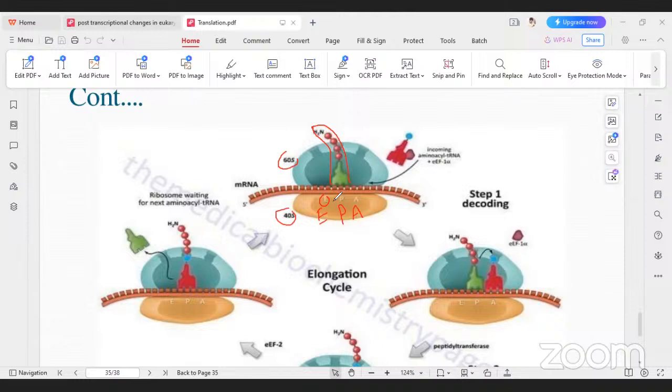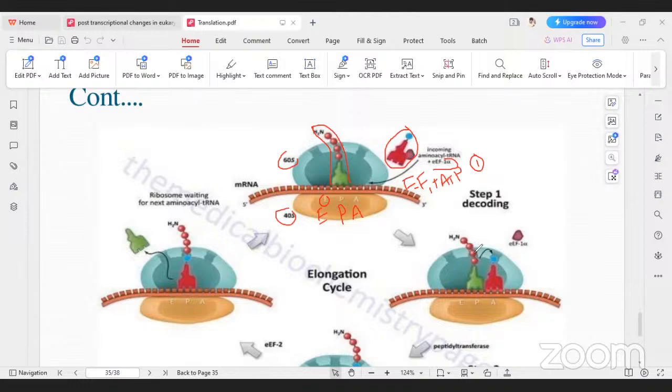Before elongation, what happened? The incoming amino acid tRNA reached the A site with the help of elongation factor 1, and ATP energy is also involved.